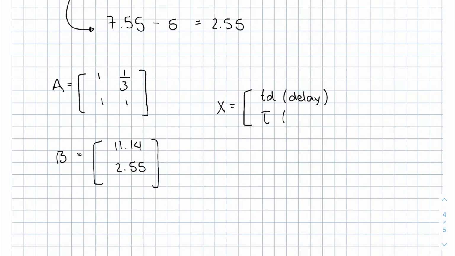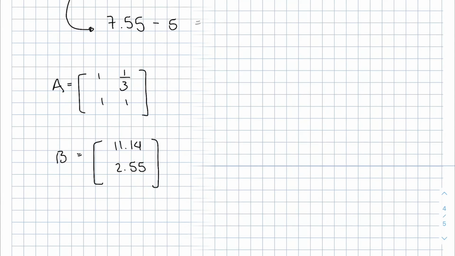So actually the values that we're gonna find are the delay and the time constant. That way we're gonna be able to put it in a transfer function in another software like MATLAB. So after this, I only divide A and B, and our results were the following. Our delay time is gonna be 0.45 seconds, and the time constant is gonna be 2.70 seconds.